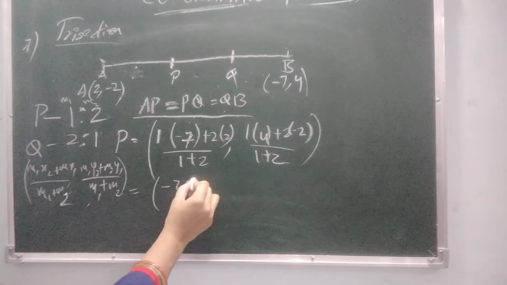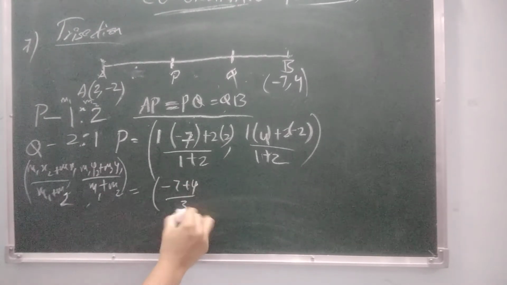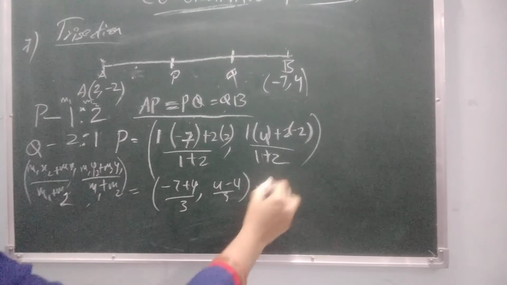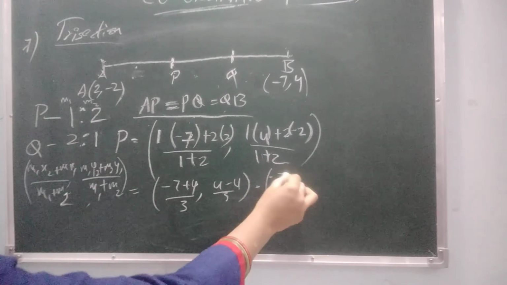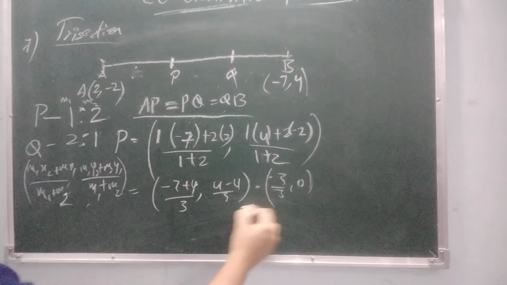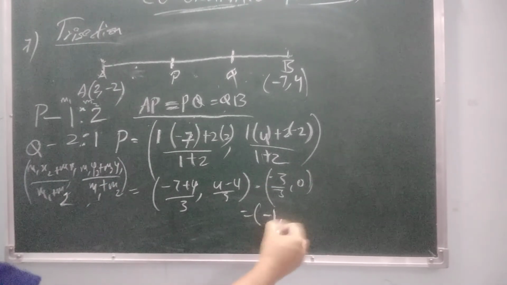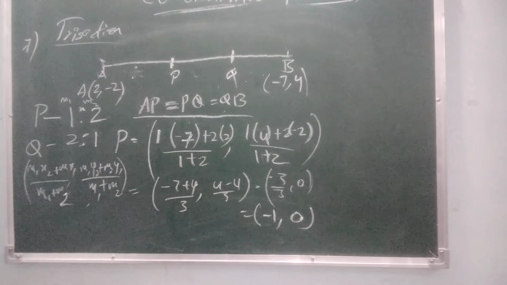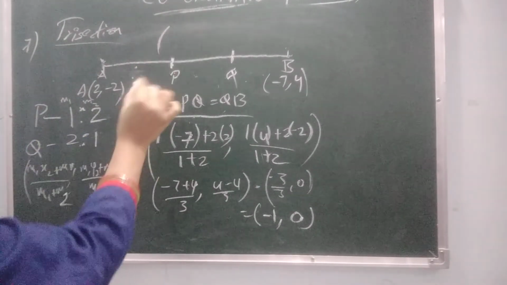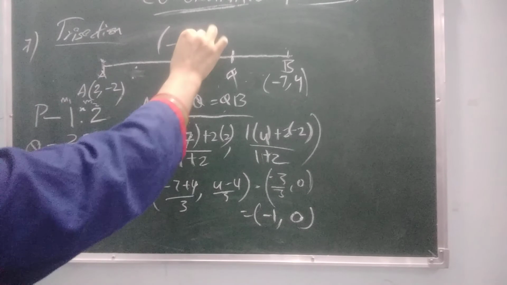Minus 7 plus 4 by 3, 4 minus 4 by 3. That means minus 3 by 3 comma 0. 0 by 3 means 0. So minus 1 comma 0 is our point. Okay, P point is minus 1 comma 0.